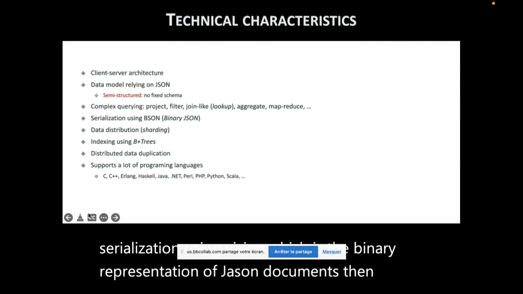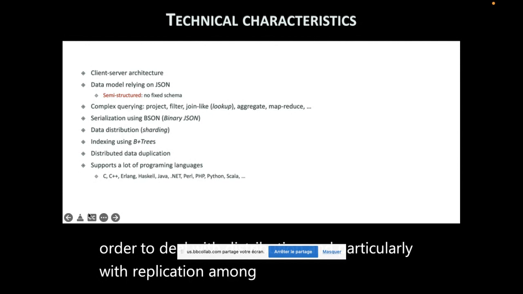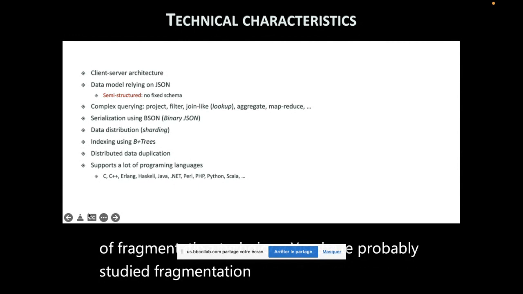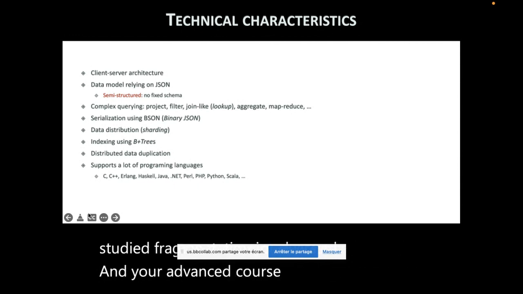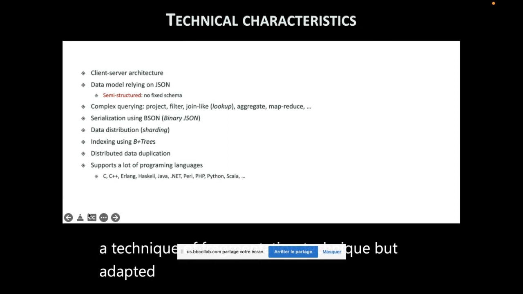Then, in order to deal with distribution and particularly with replication, MongoDB uses a fragmentation technique. You have probably studied fragmentation in your advanced course of databases. So it is a fragmentation technique, but adapted to non-relational data structures, and in that case, it is called sharding.